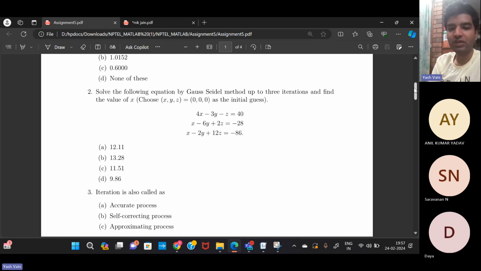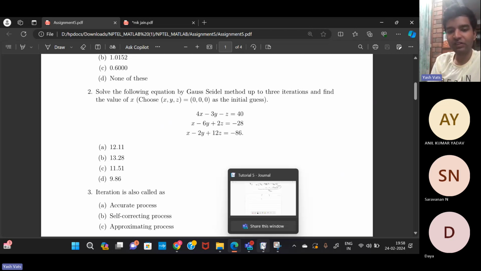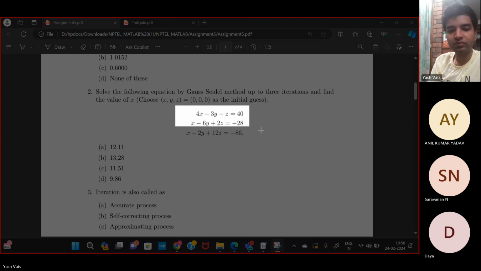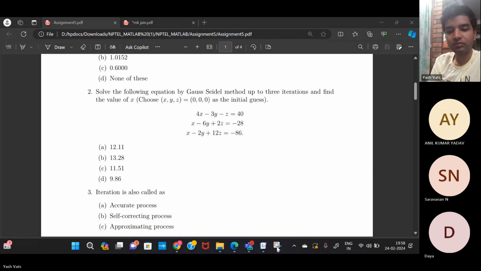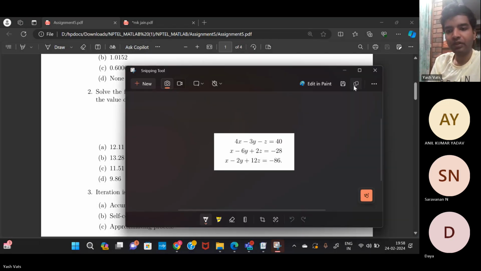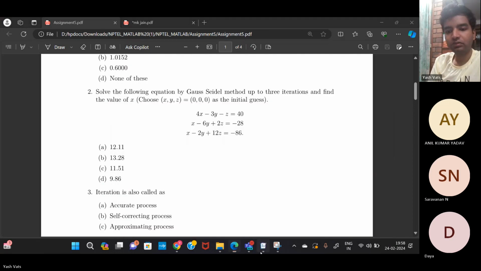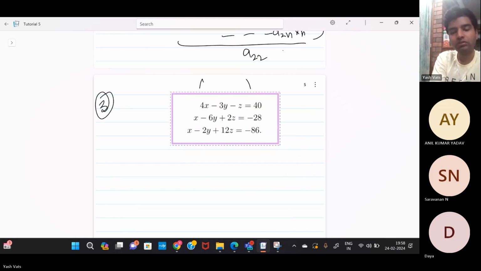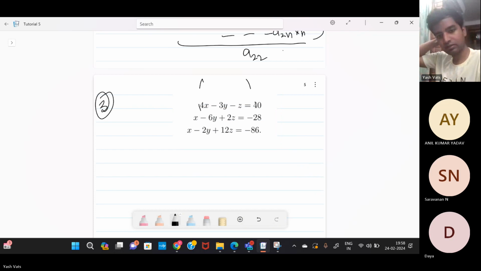Solve the following equation by the Gauss-Seidel method up to 3 iterations and find the value of x. It's a similar kind of question, but we can try it for the first iteration. So in this, how do we do it?